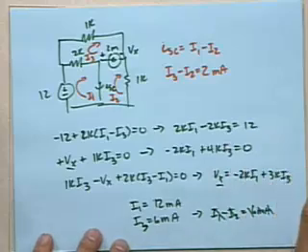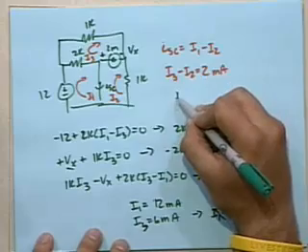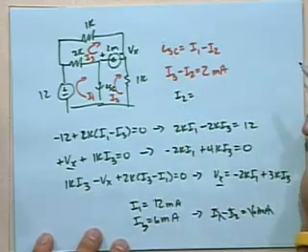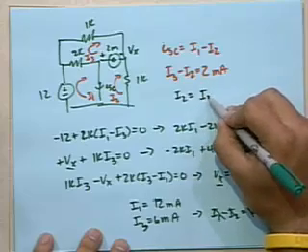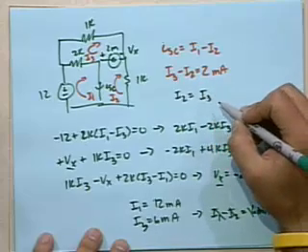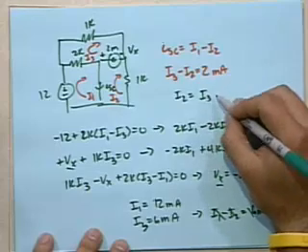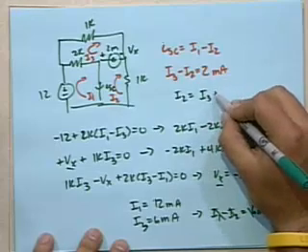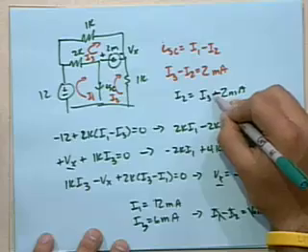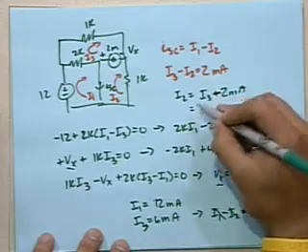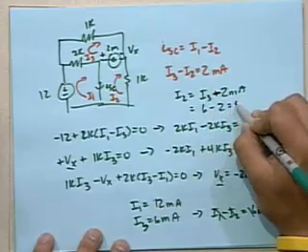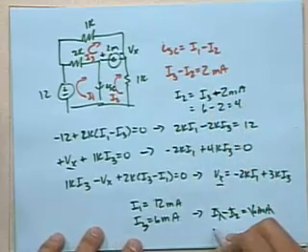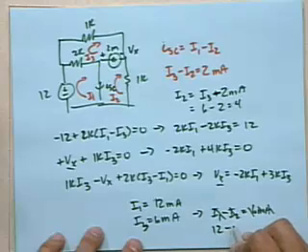So to find out what I2 actually equals, the easiest way is going to be I3 minus 2 milliamps. So that's 6 minus 2 equals 4. So we've got 12 minus 4 equals 8 milliamps.